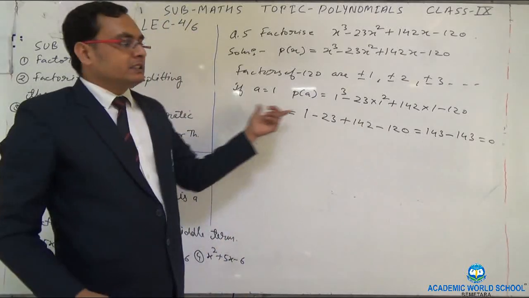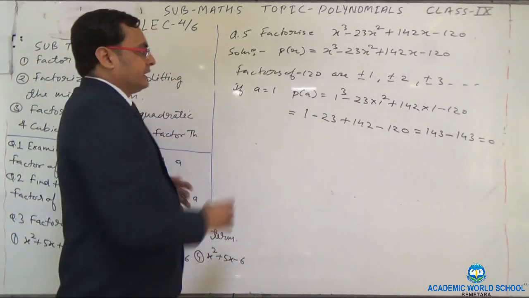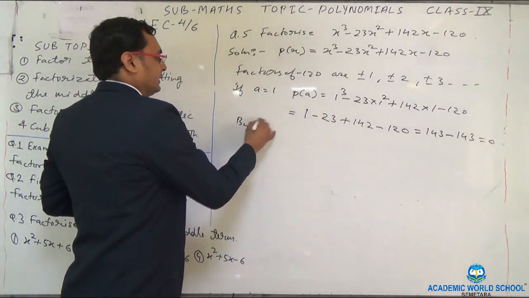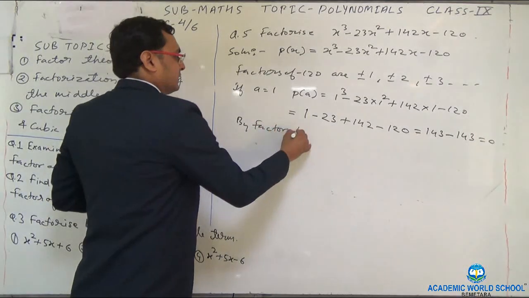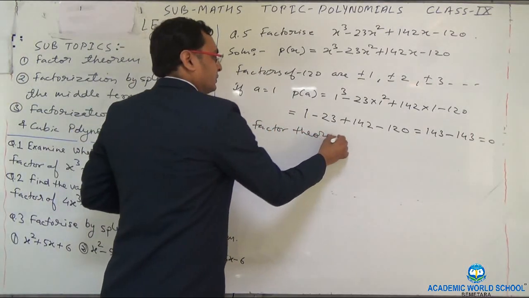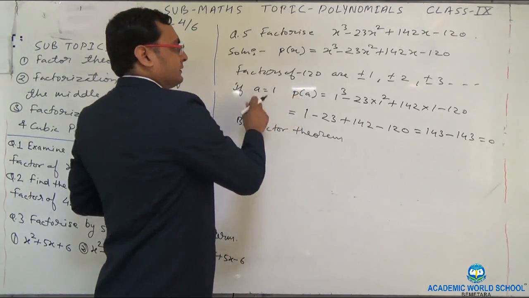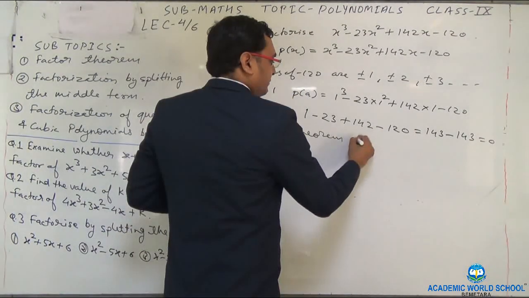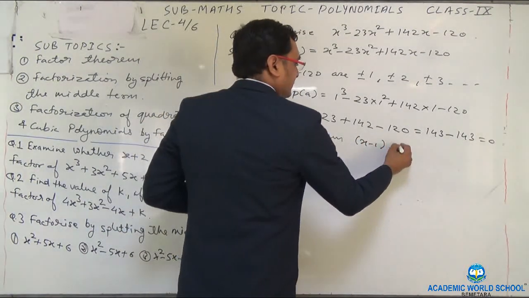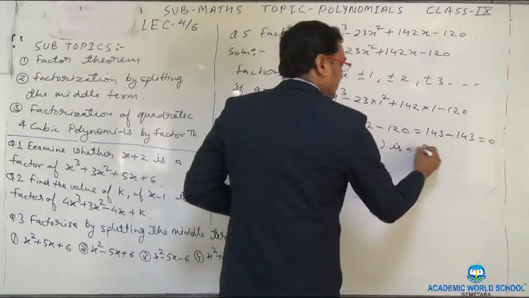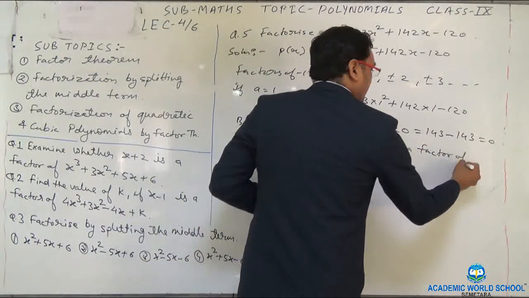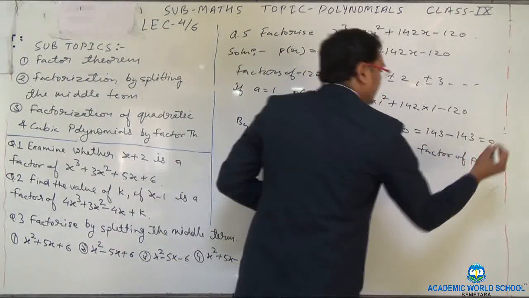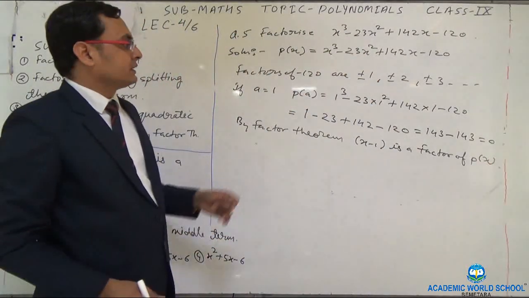So the remainder is equal to 0. So we will say by the factor theorem the value of a is 1. So by the factor theorem x minus 1 is a factor of this polynomial P(x).